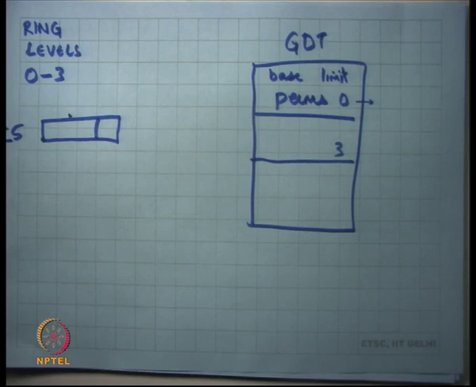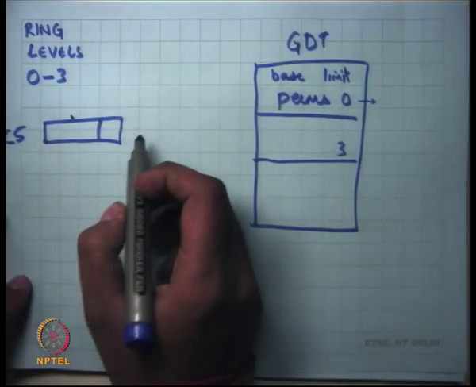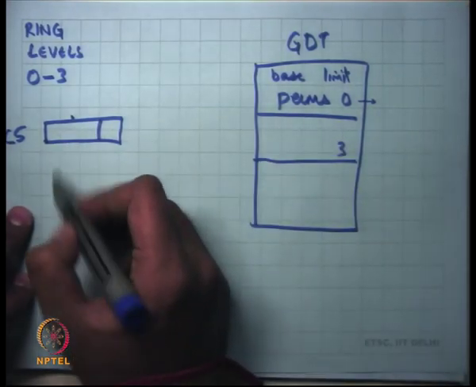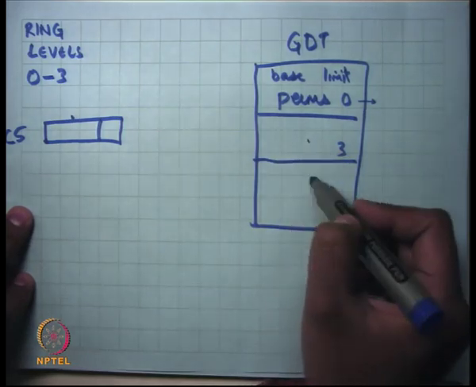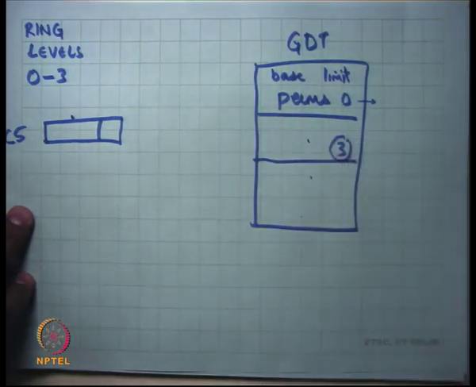If I'm running at ring level 3, I cannot just say make it ring level 0, because otherwise all protection is lost, right? So if I'm running at ring level 3, I can only set my segment register values to one of the descriptors which have perms greater than or equal to 3, or just 3.